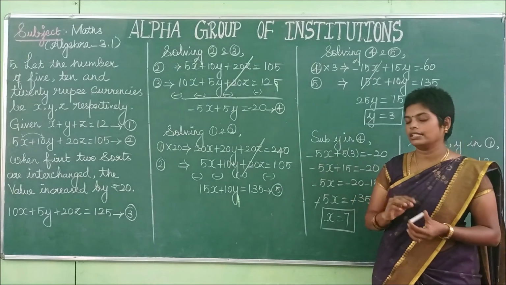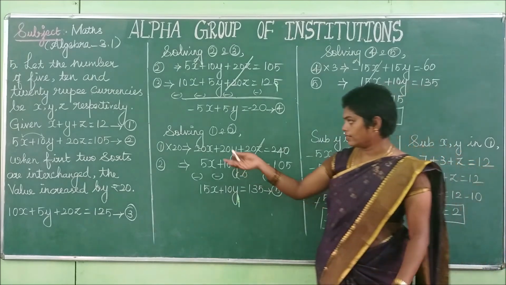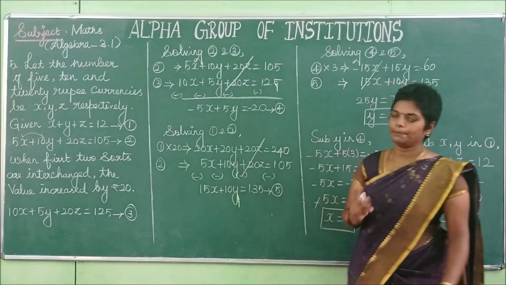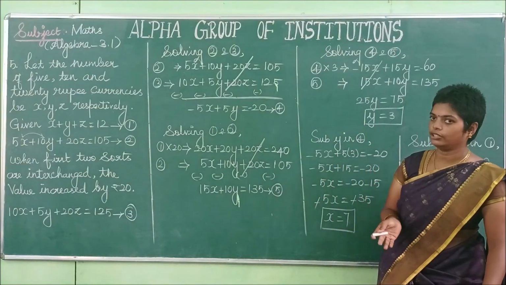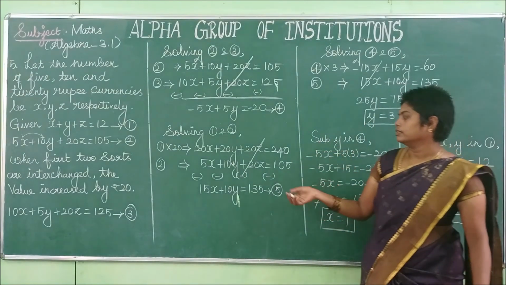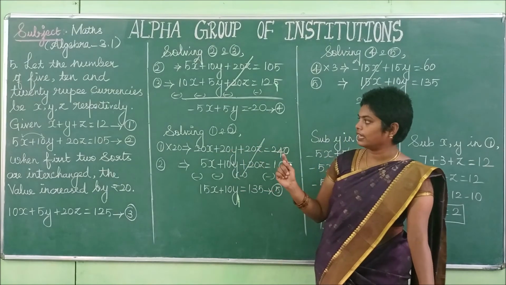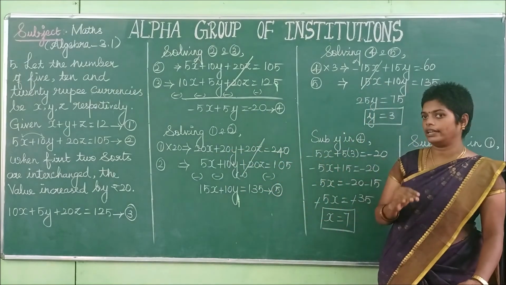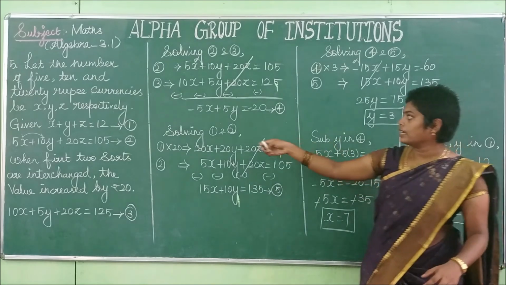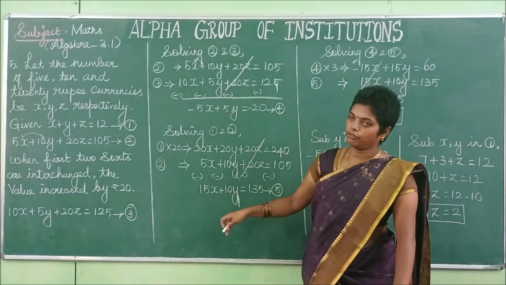You have solved the second and third equations, now the first and second. What is the first equation? x plus y plus z is equal to 12. What is the second equation? 5x plus 10y plus 20z is equal to 105. In this case you have to get x and y similarly.